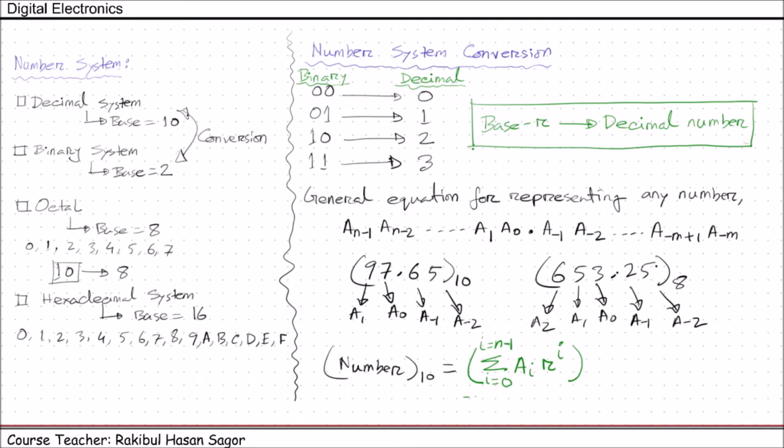This is the integer part. And if we have a fractional portion, that will have the summation of aj r to the power j, j equal to minus m to j equal to minus 1, and this portion is the fractional part.